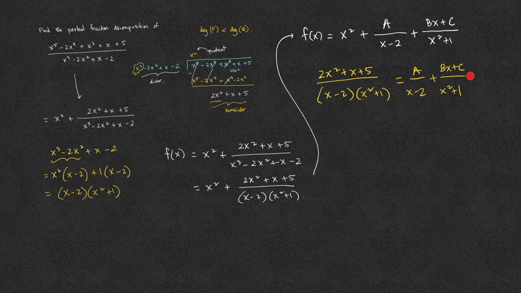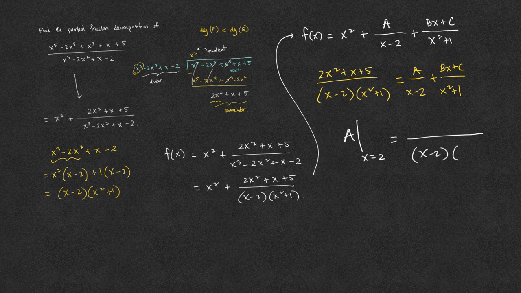To avoid working with a system of three equations, we will use the cover up or the Heaviside method to find the coefficient on top of the linear factor x minus 2. To find a, we would plug in x equals 2 on the left hand side while covering the factor x minus 2.